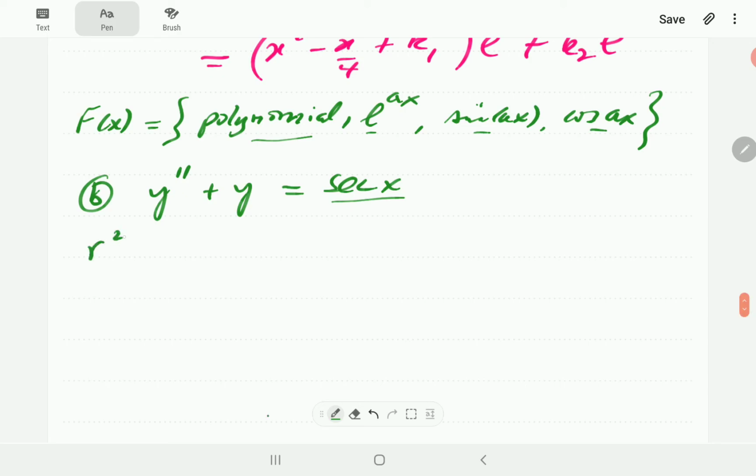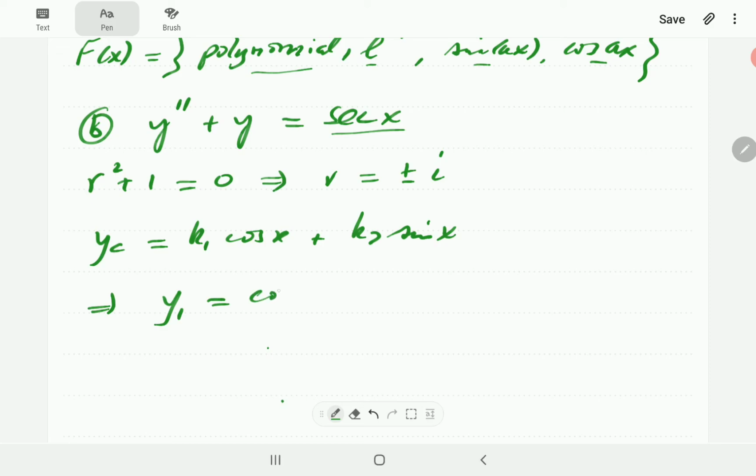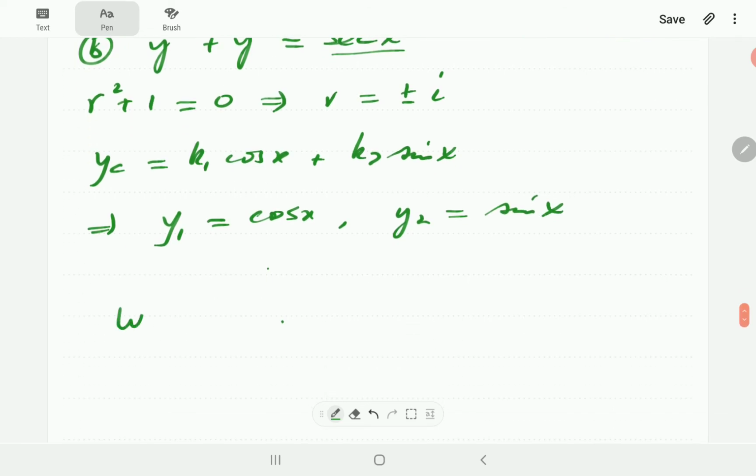So the associated homogeneous equation is going to have that characteristic equation, and so the roots are plus or minus i, which tells us that the complementary solution is going to be k1 cosine x plus k2 sine x. From this, the coefficient of k1 is our y1, and the coefficient of k2 is our y2.